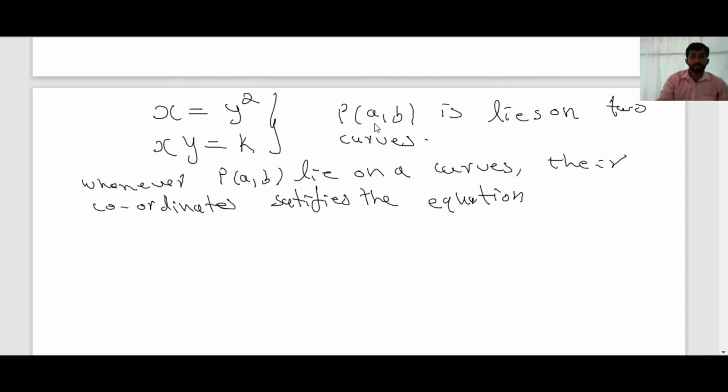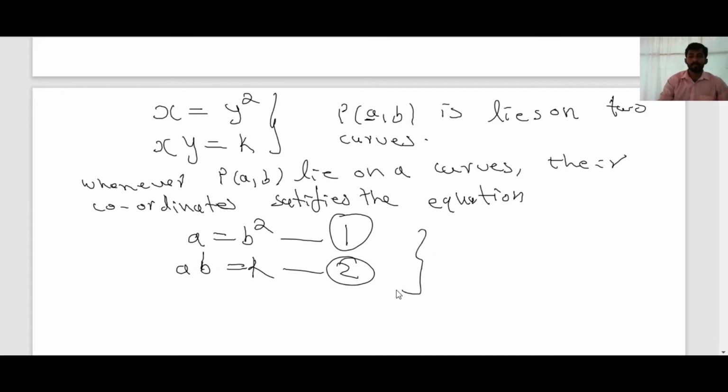That means if you substitute the coordinates of this point, you will get right hand side equal to left hand side. Here I'm substituting. From the first equation we get a is equal to b square, take it as equation 1. Second equation, xy equal to k is there. In place of x ordinate, that is a, and in place of y ordinate, b, you need to substitute. ab is equal to k. This is the second equation.